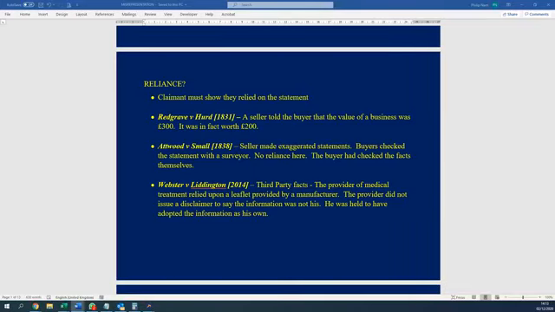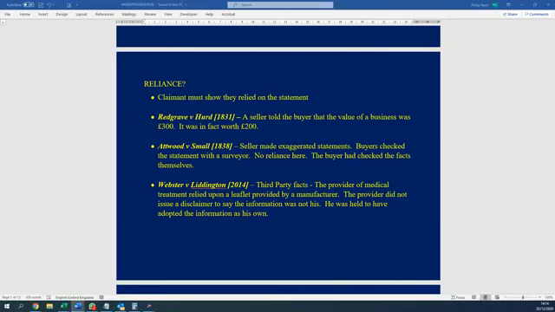And the case of Webster Liddington, most recently, that's a slightly different case because it involves third-party facts. So in that case the doctor relied upon a leaflet provided by a manufacturer of the product that they were using.